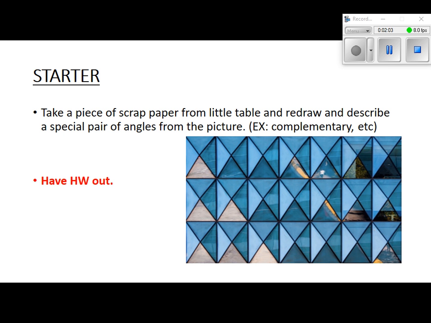Do me a favor, Harry, and do it somewhere away from Dawson's. You don't have to erase it. Just trace the same angles, that way we can see it a little easier without the black being in the way. What kind of angles are those two angles to each other? Supplementary. What's it mean to be supplementary?